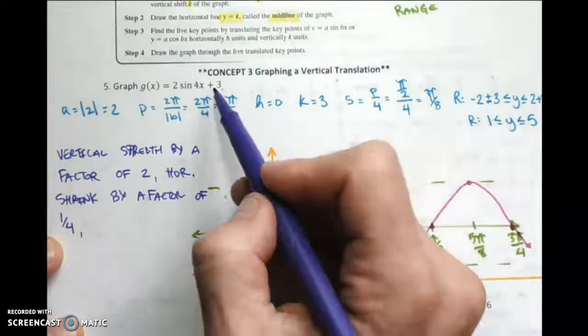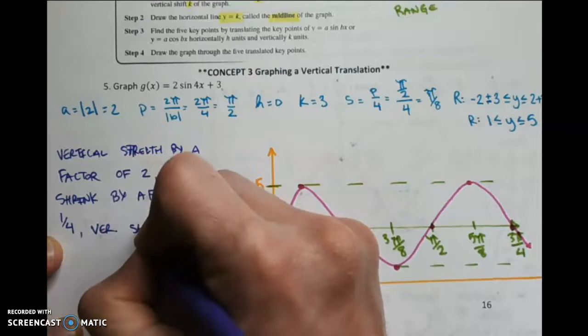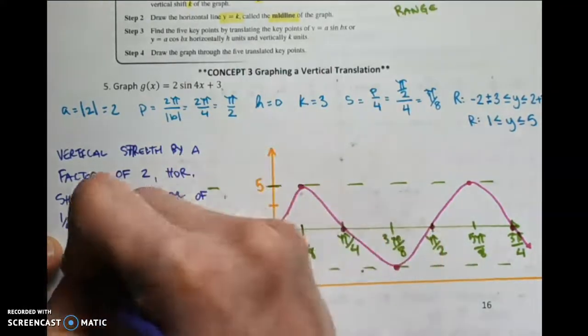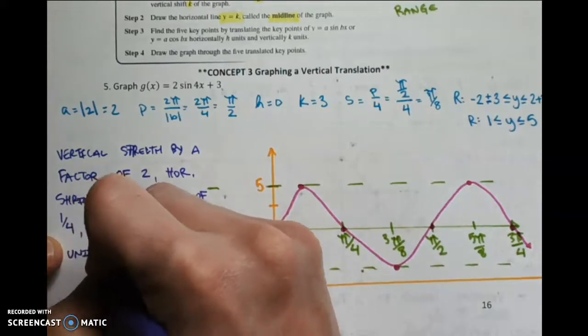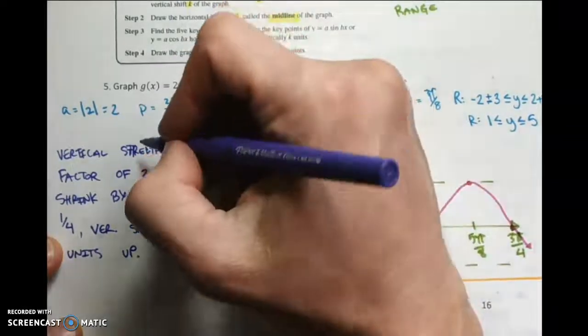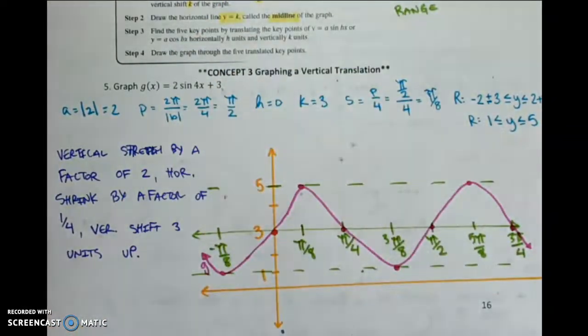And then that 3 right there is a vertical shift 3 units up. Okay, and that covers everything.